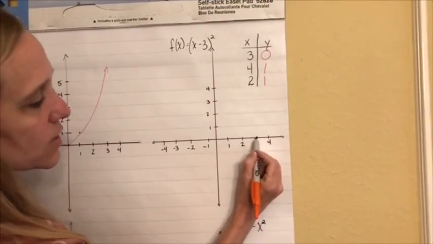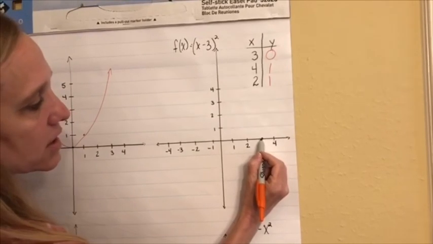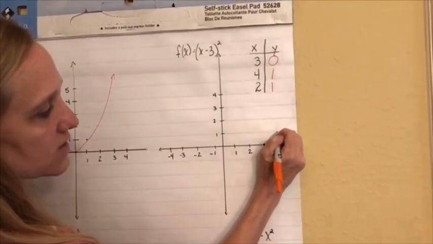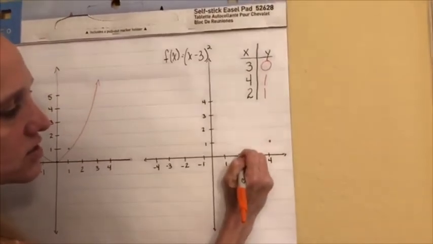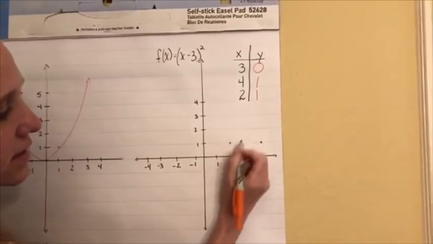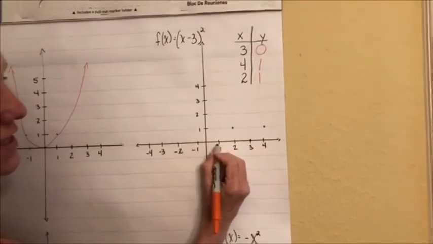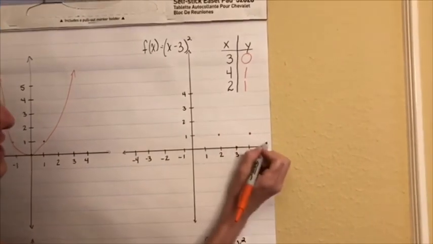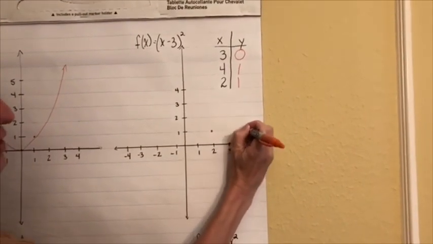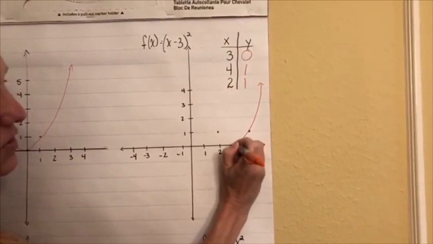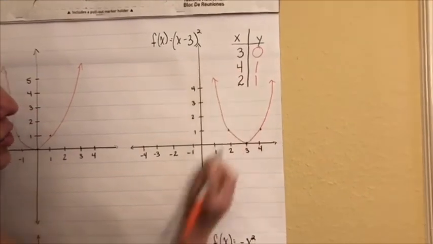When x is 3, y is 0. When x is 4, y is 1. When x is 2, y is 1. If you continued to choose other points, you would see the same sort of looking parabola.